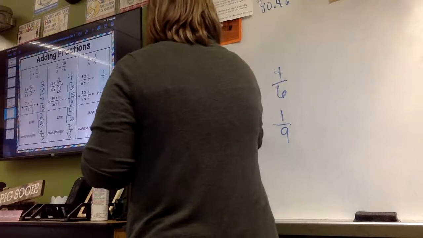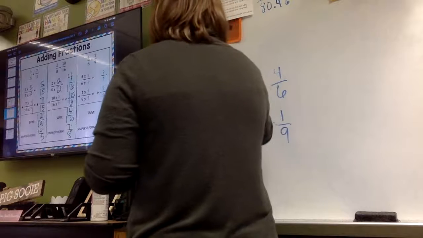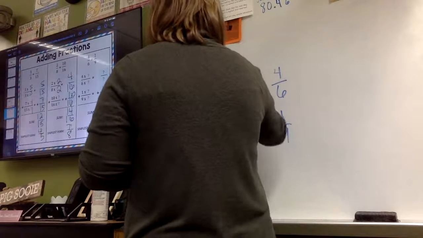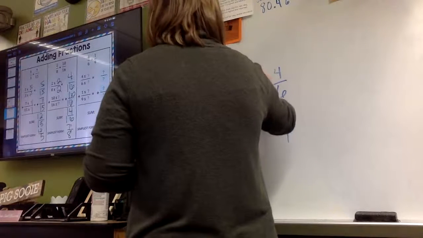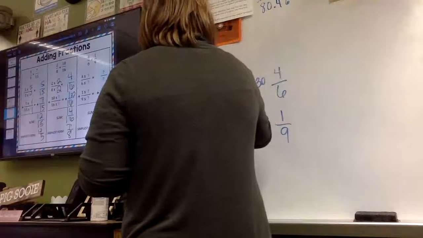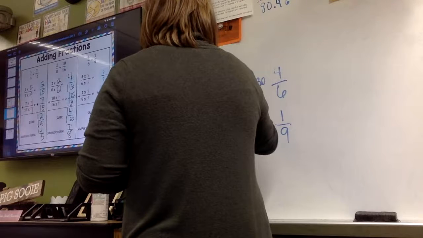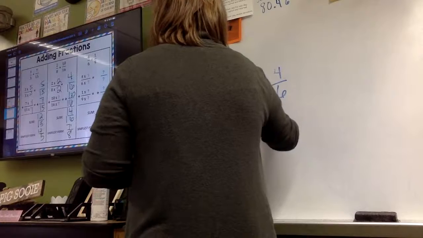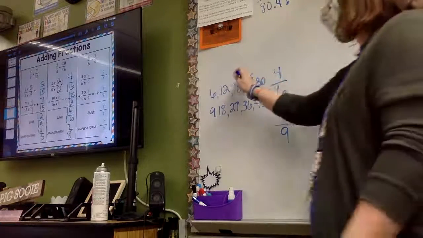So if we have 6, 6 times 1 is 6, times 2 12, times 3 18, times 4 24, times 5 30. Let's do 9. 9 times 2 18, times 3 27, times 4 36, times 5 45. 18, it's 18.